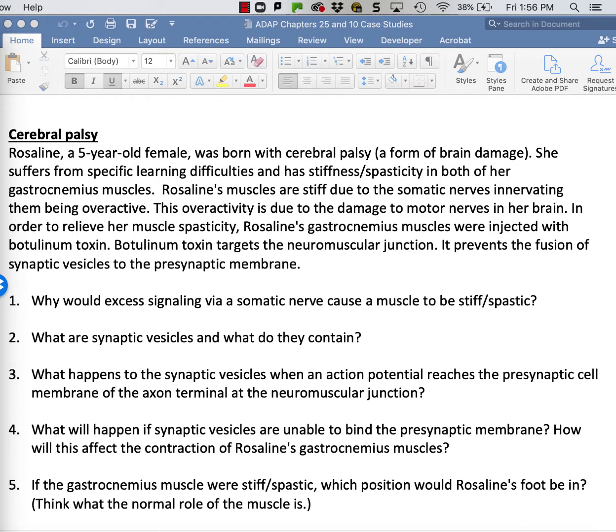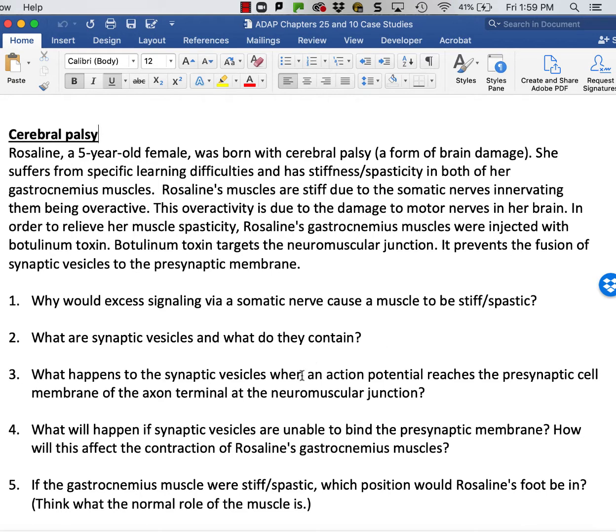The increased frequency of nerve signals to a muscle will increase the overall degree of muscle contraction. The muscle is being stimulated, or depolarized, more frequently than it should be, and so it's going to appear stiff or spastic.